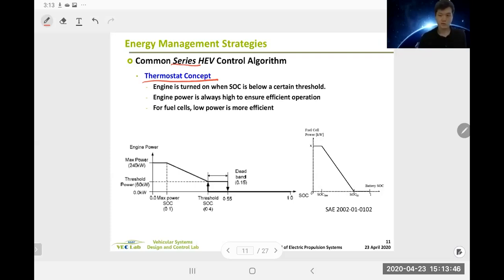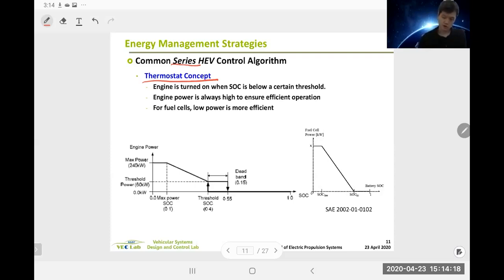Engine operation is mechanically decoupled from the wheel, so we can do whatever we want regardless of vehicle speed. So thermostat is possible because regardless of vehicle speed and vehicle conditions, we can just focus on state of charge.